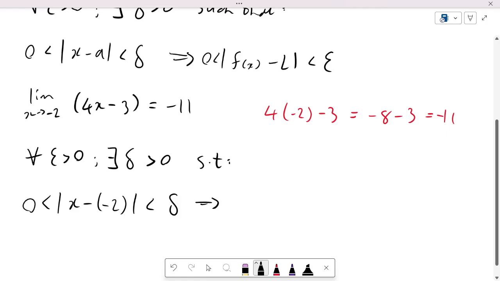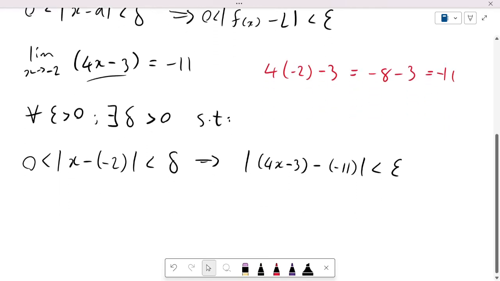And this implies that the absolute value of the function, which is 4x minus 3, so I'm going to write it in brackets, 4x minus 3 minus the limit value, which is negative 11, is less than epsilon.